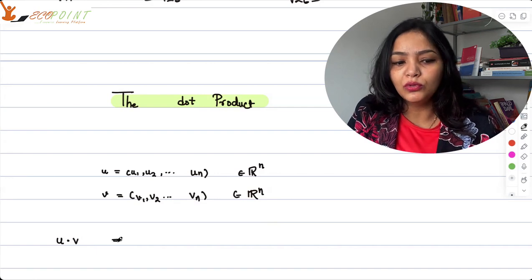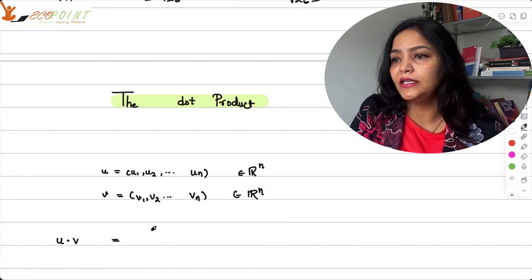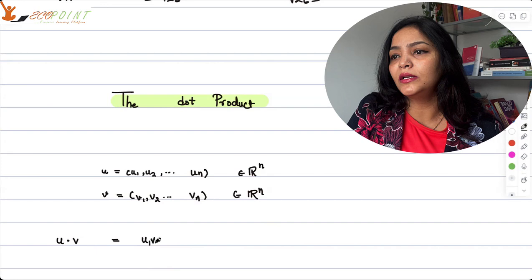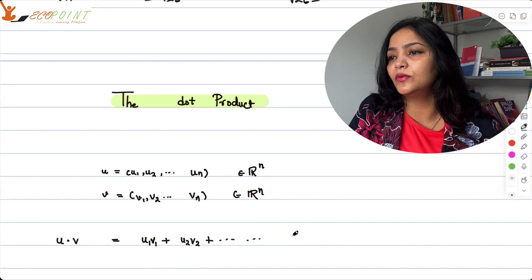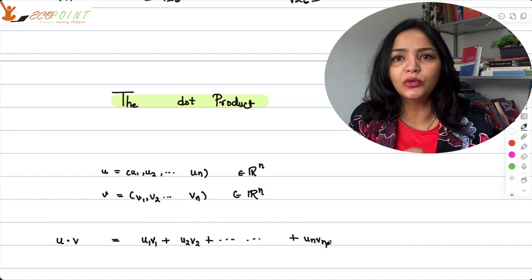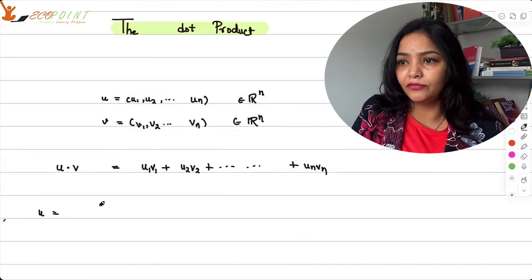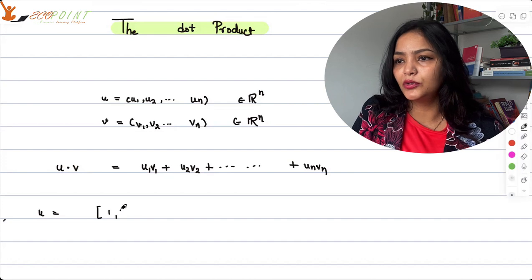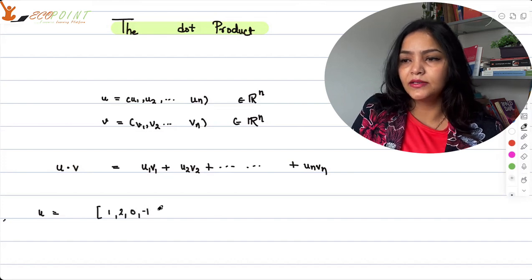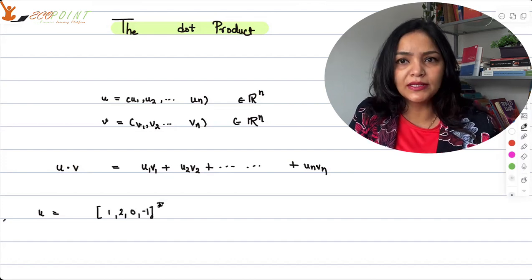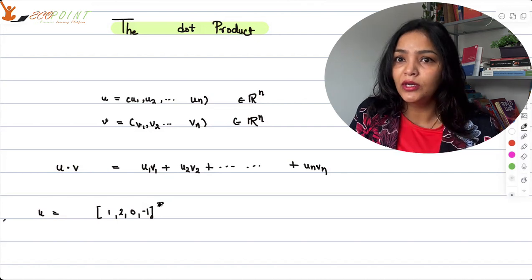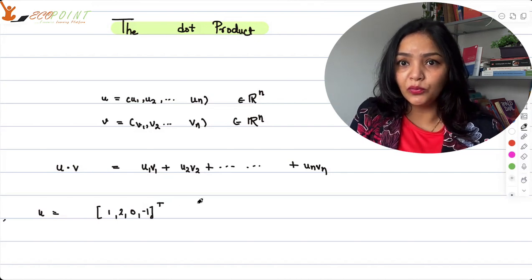So u dot v is defined as u1v1 plus u2v2 plus so on and so forth, unvn, which will turn out to be a real number. For example, if I take u, a vector in R4, let's take it as 1, 2, 0, minus 1, the transpose of this, because vectors, as I've already told you, are generally shown as column vectors.